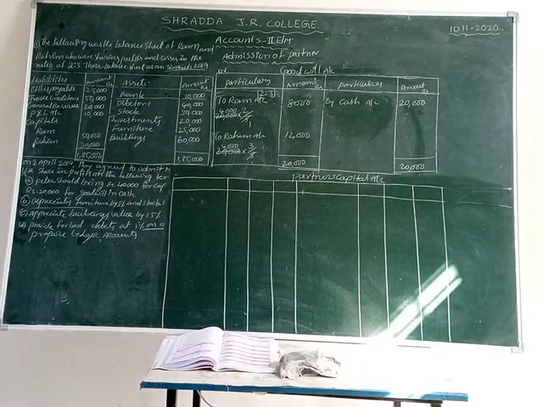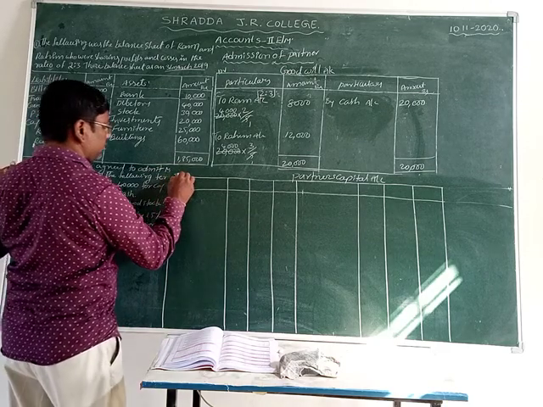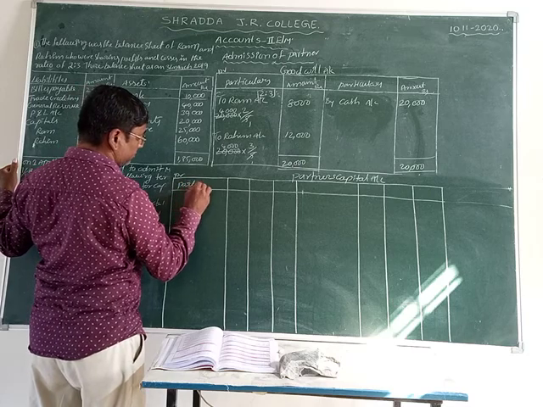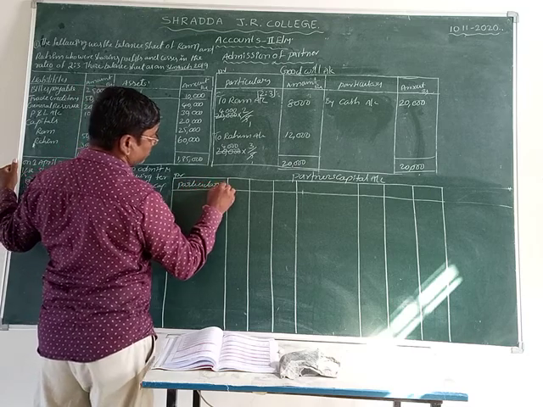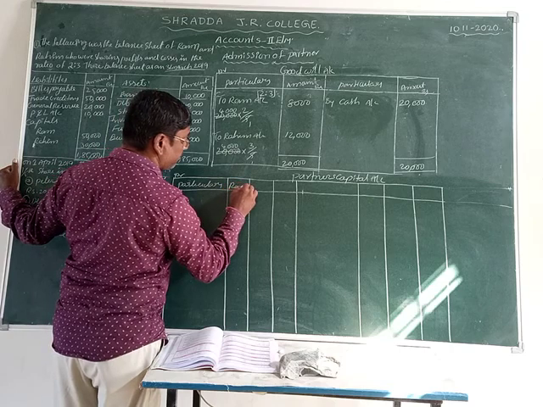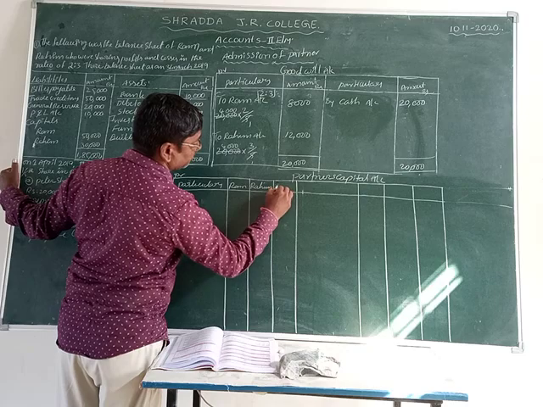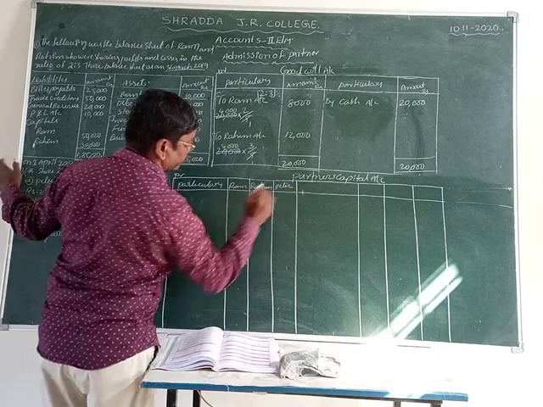Okay, students. Now we can take a first column particulars: Ram, Rahim, Peter.